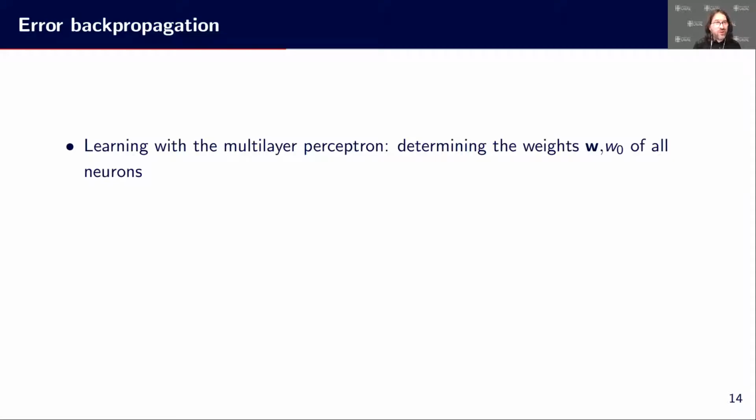But the big question is, how can we learn, how can we determine the good weights to use in our model? So we are making use of what we call error backpropagation, which was first proposed in 1985 by several persons. This is based on gradient descent.